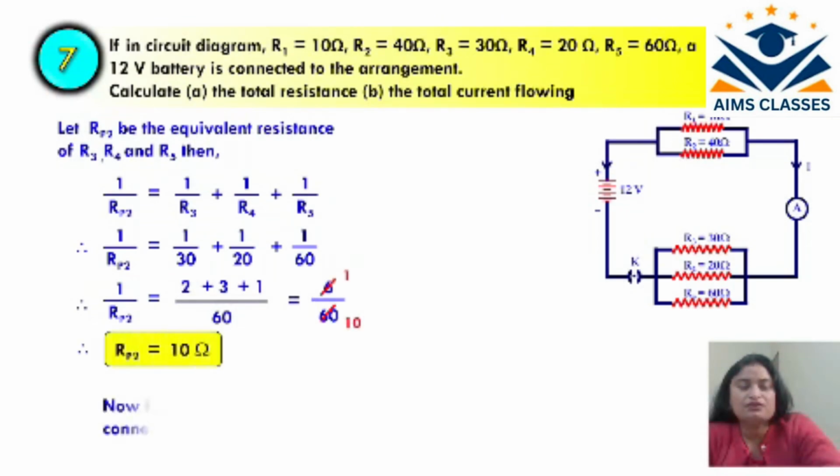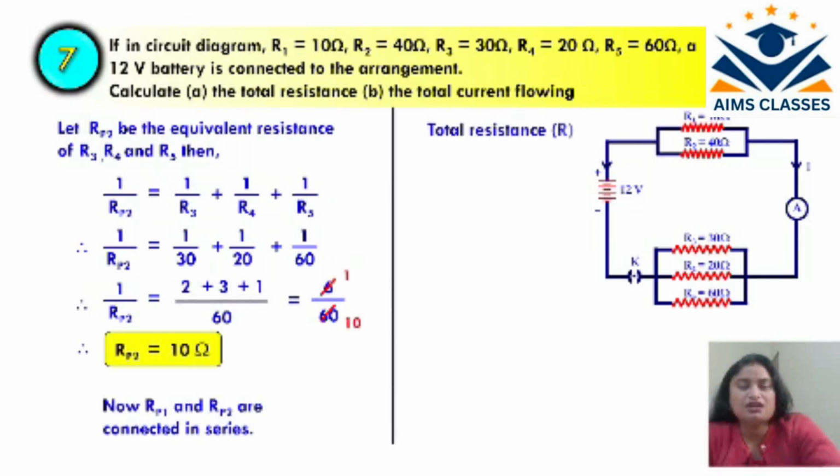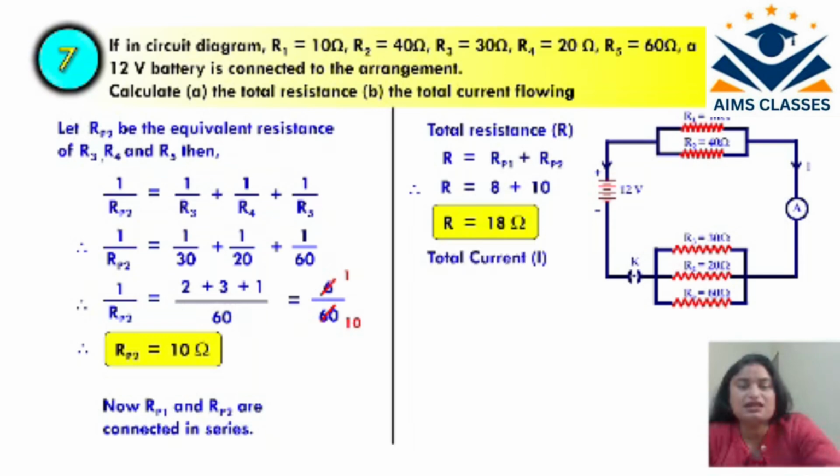So Rp2 equal to 10. So R equivalent equal to Rp1 plus Rp2. So 10 plus 8 equivalent to 18. So total resistance is R, and total current I equal to V by R equivalent. V equal to 12 volt by 18. So I equal to 2 by 3, and 2 by 3 is 0.67 ampere.